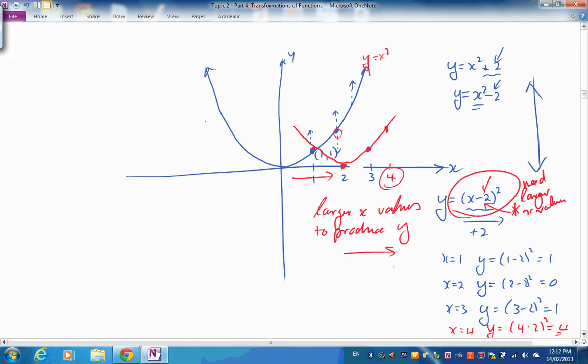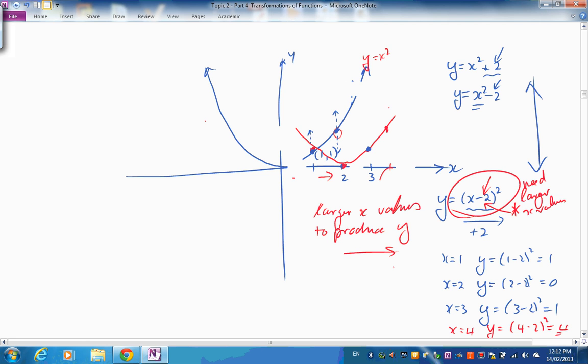Because we're going to take 2 away from them before we square them. So we're taking 2 away. The x value has to be plus 2 larger, so that when it's squared it gives the previous result. So the whole graph is over here.